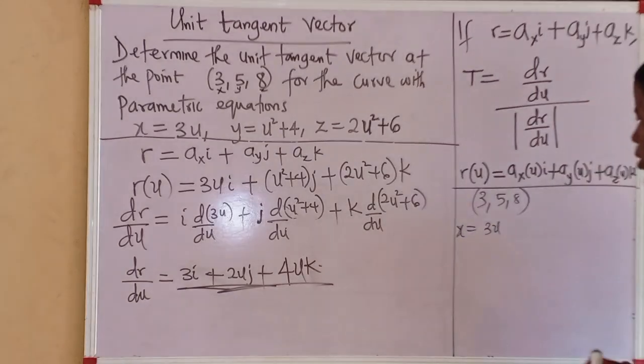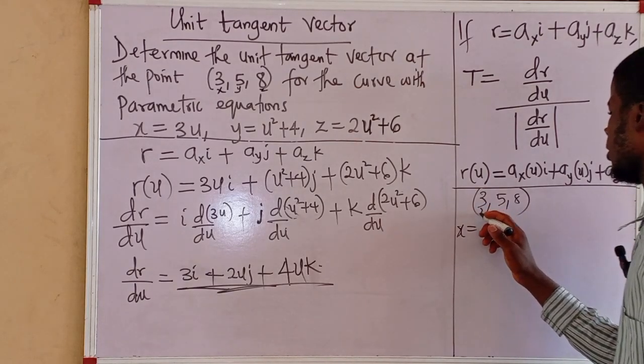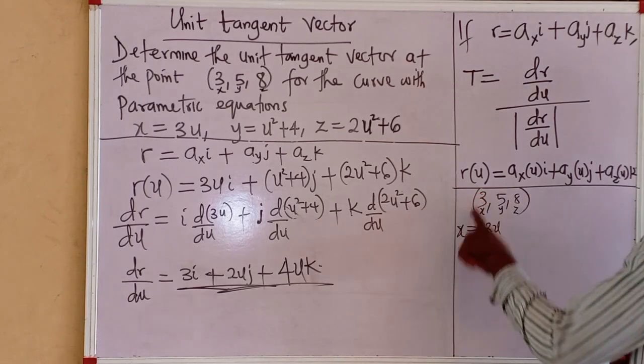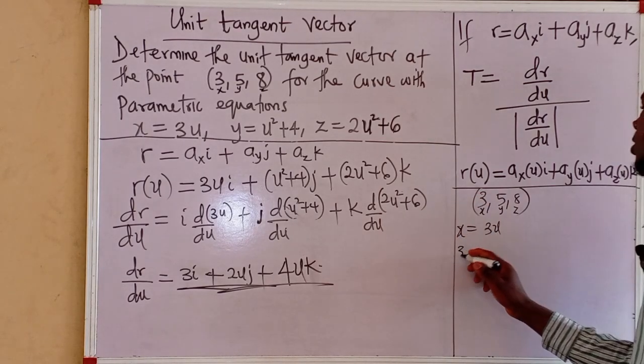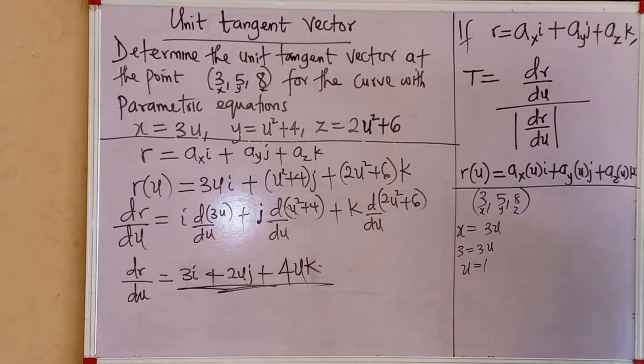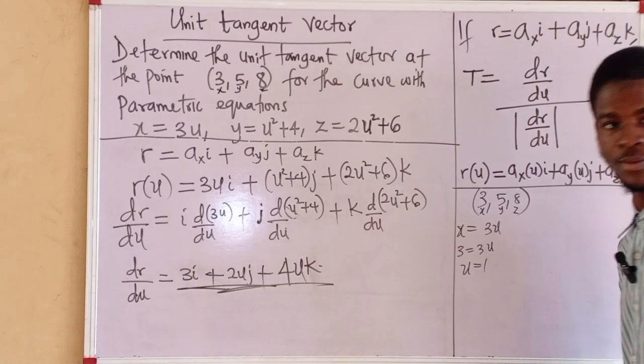Let me start with the first one. x is 3 here, and y is 5, z is 8. So if I plug in 3 here, 3 is equal to 3u. What does this mean? It means that u is equal to 1. So this point corresponds to u equal to 1.